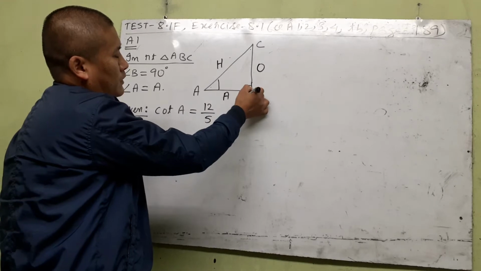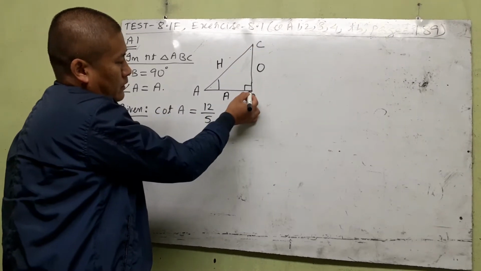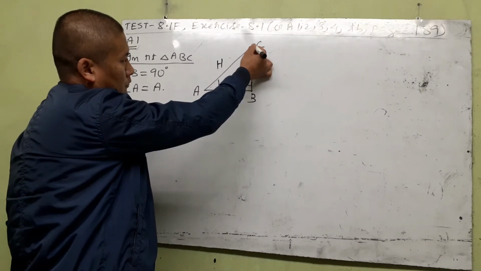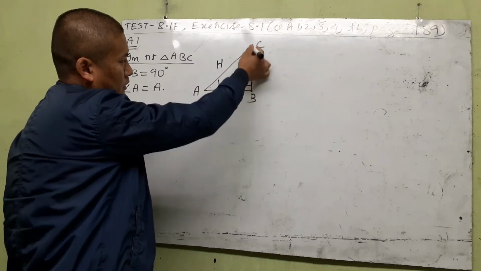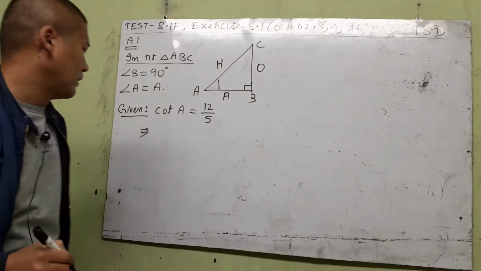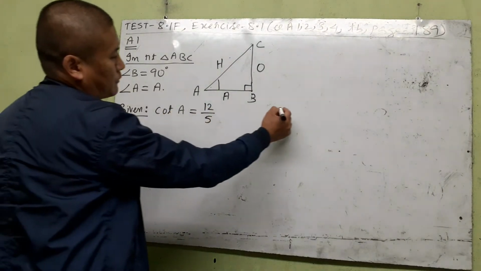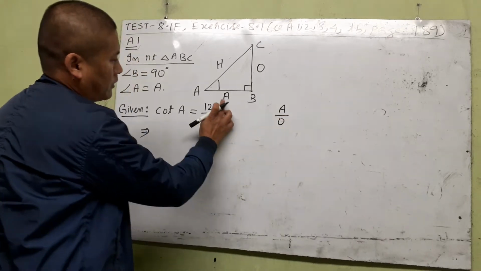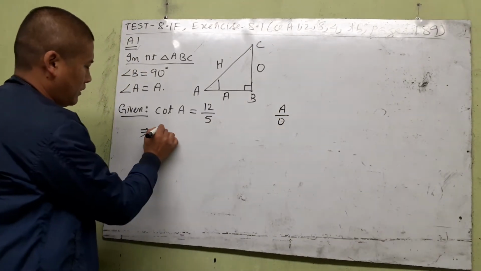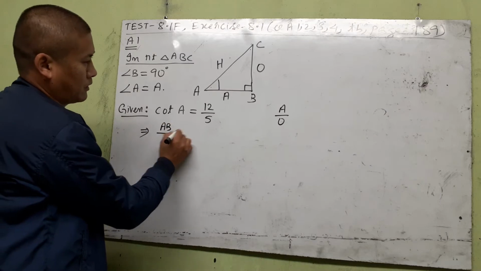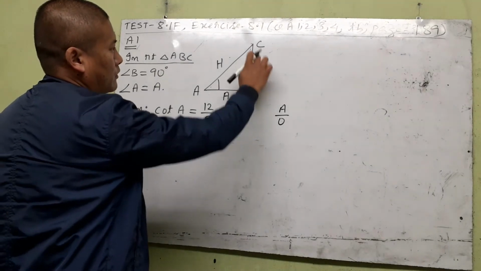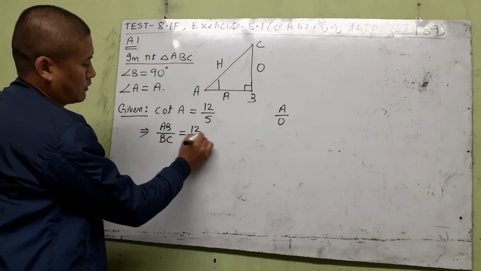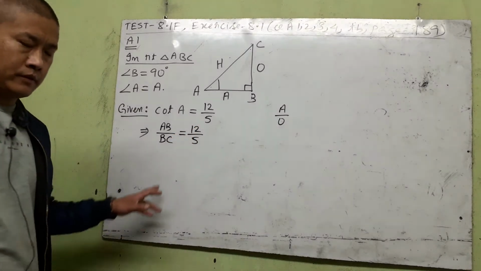The two arms of the 90 degree angle are BC and BA, so the one which is not an arm of the right angle, AC, is the hypotenuse. We know cot is adjacent by opposite. So adjacent AB by opposite BC will be equal to 12 by 5, right?